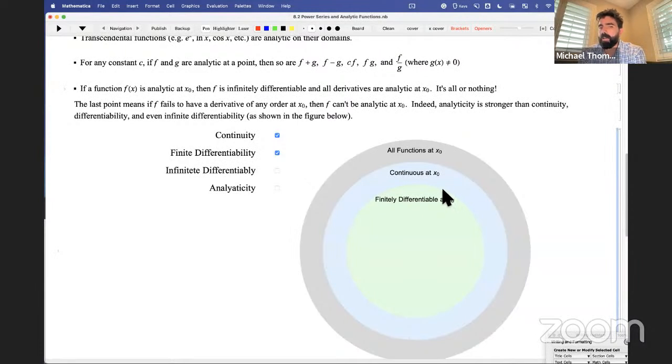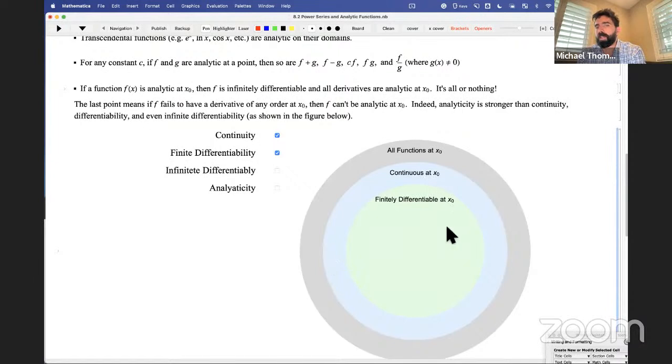Now, out of all those that are finitely differentiable, some of them are infinitely differentiable. Oh, by the way, let's go back here. Hopefully, you guys remember this one. Do you remember differentiability implies continuity from Calc 1? If you've got a differentiable function at a point, then it's definitely continuous at that point.